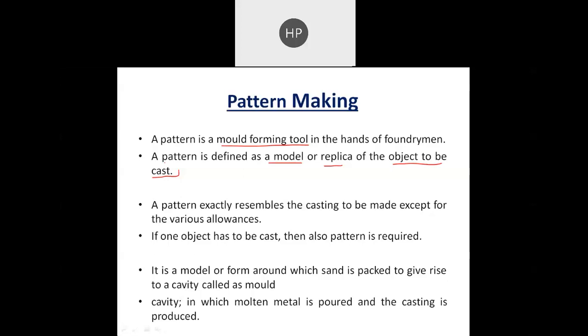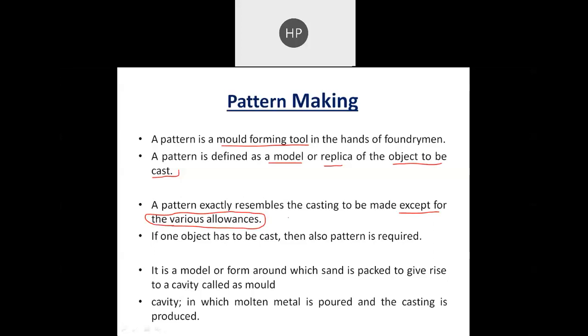A pattern exactly resembles the casting to be made except for the various allowances. So the pattern has a similar shape to the casting except for the various allowances, which we are going to see. The pattern has a small change in shape and size from the original object.